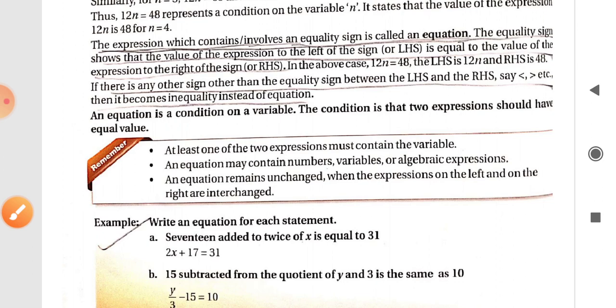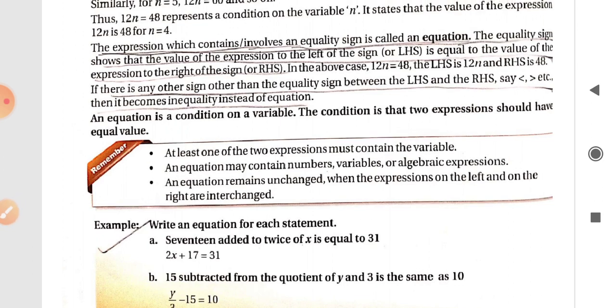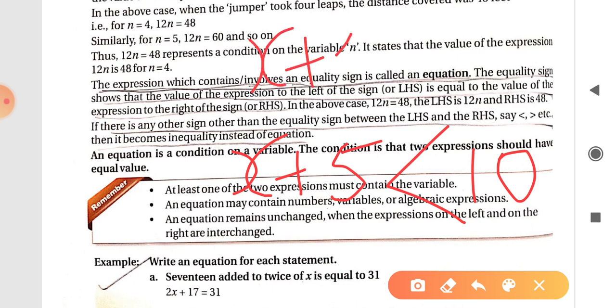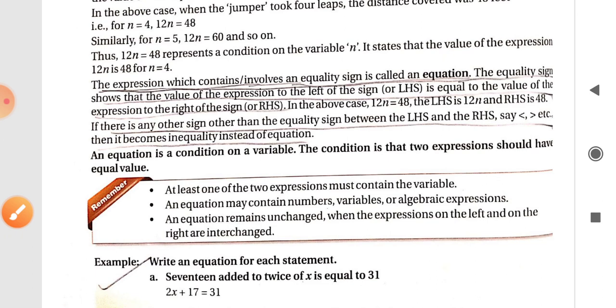Similarly, we cannot use less than sign, that is x plus 5 less than 10. This is also not an equation. An equation is x plus 5 is equal to 10. Equation must contain equality sign. There is one more thing, that we can also use more than one variable in an equation.